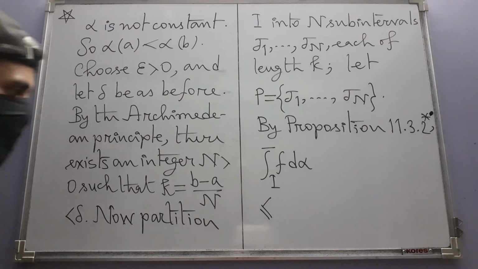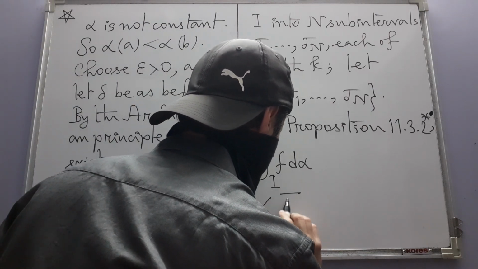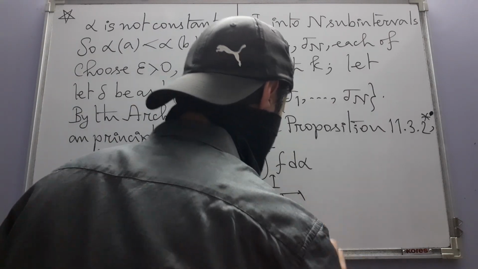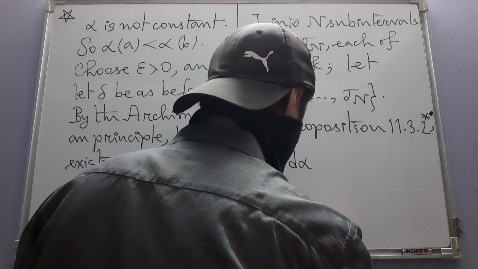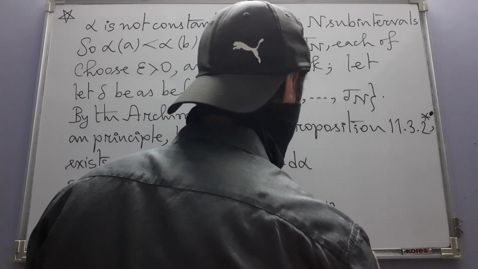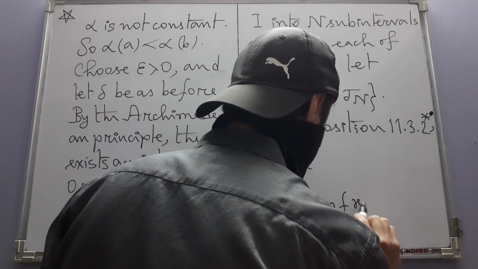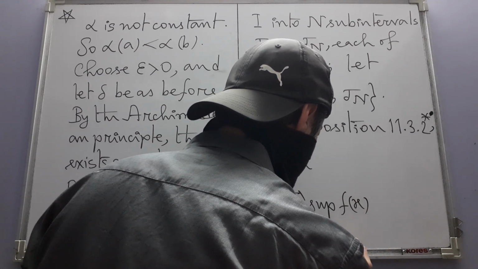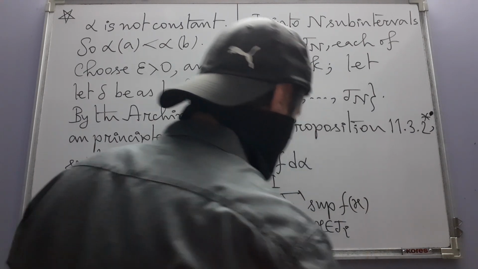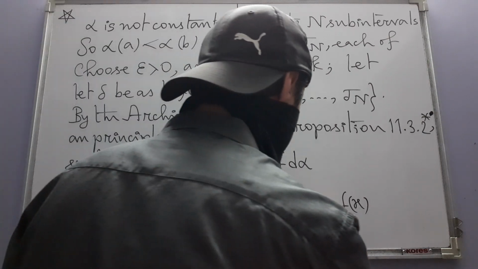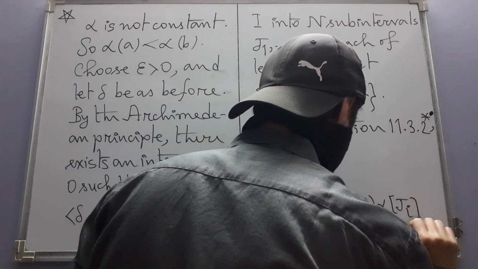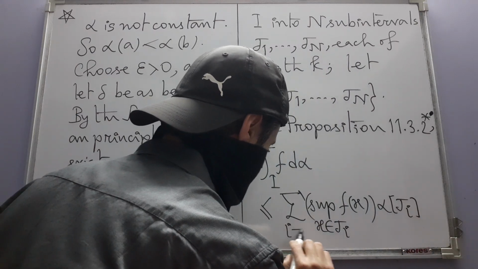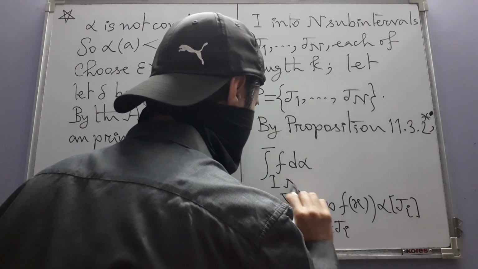So what I have written is this: the summation of the supremum of f(x) as x varies over J_i, times the alpha length of J_i, as i varies from 1 to n.